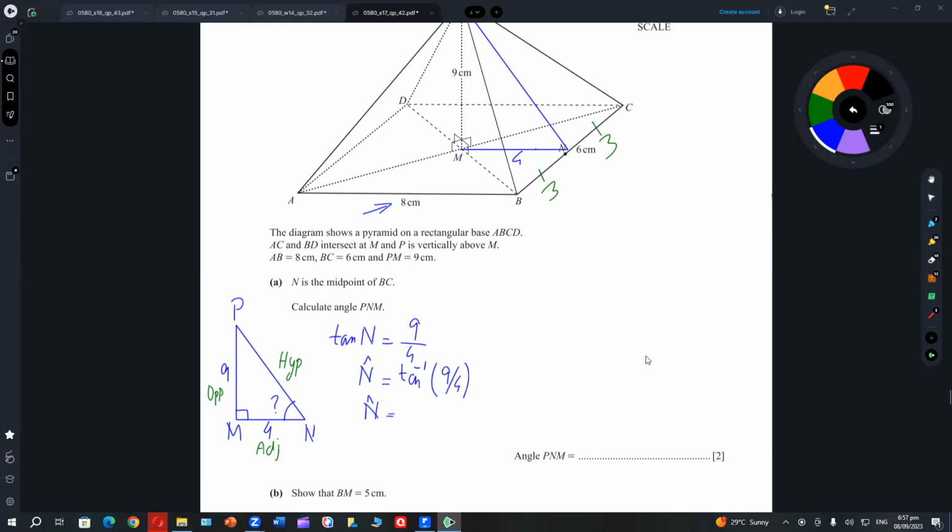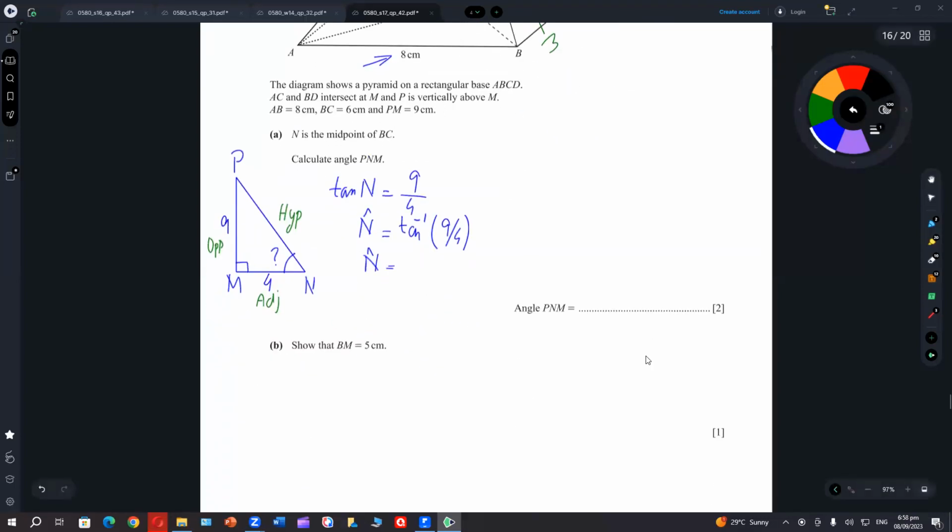For any triangle, just like now look at this triangle. So it will be 9 squared plus 4 squared is equal to PN squared. Just try to write the Pythagoras on this triangle.